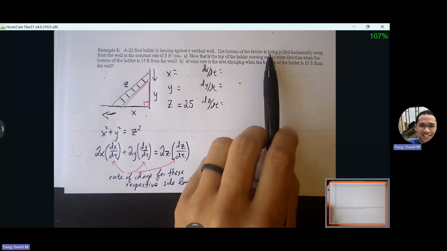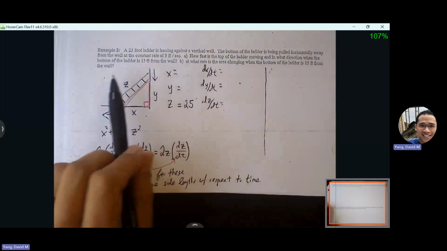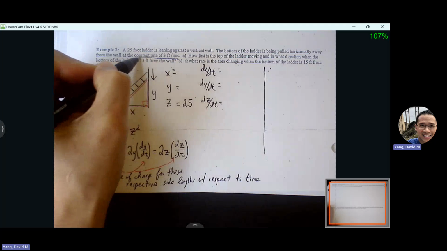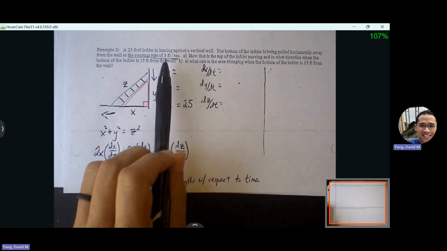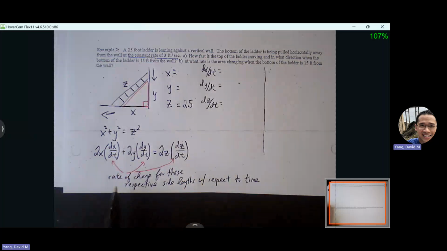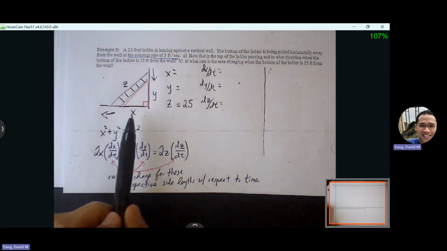The bottom of the ladder is being pulled horizontally away from the wall at a constant rate of 3 feet per second. What do you think 3 is going to be referring to? Which variable? Okay, dx over dt.